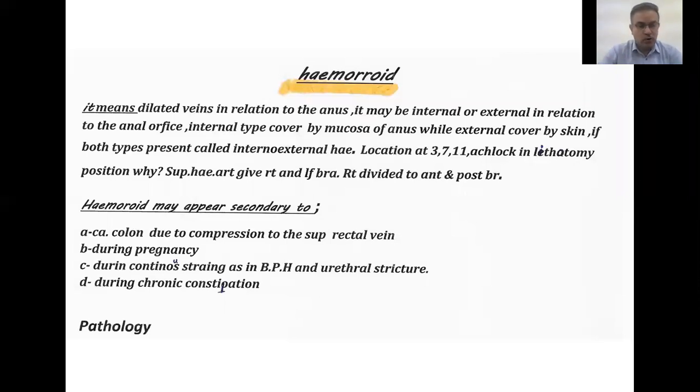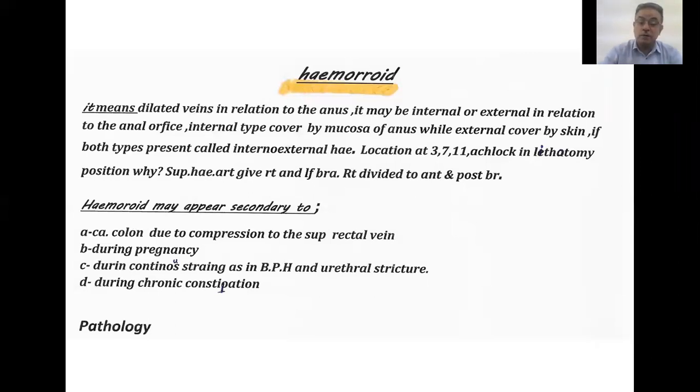Hemorrhoids may appear secondary to carcinoma of the colon because of compression of the superior rectal vein, or during pregnancy, during continuous straining in benign prostatic hyperplasia and urethral stricture, and during chronic constipation.